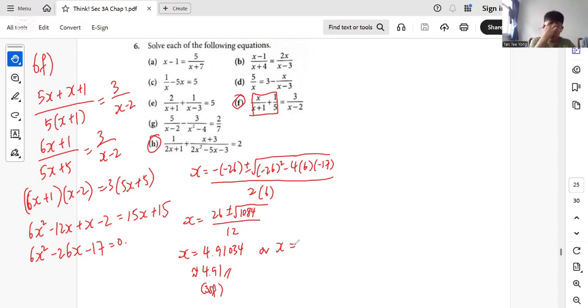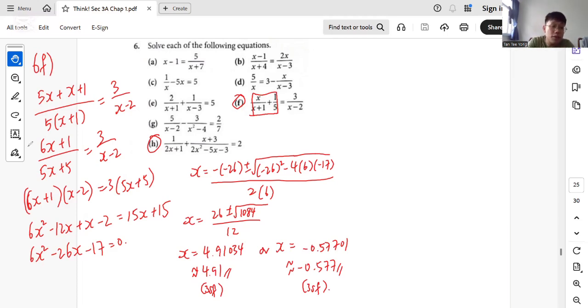Or x equals the minus, so negative 0.57701. Rounded, negative 0.577, 3SF. So this is for 6F.